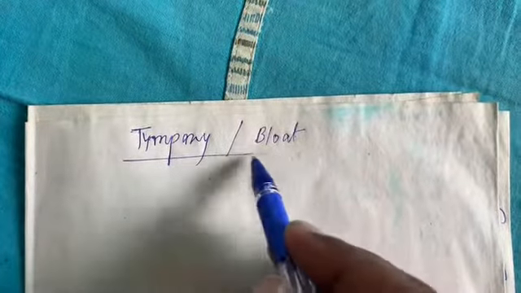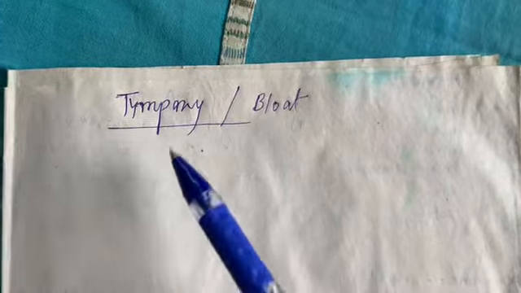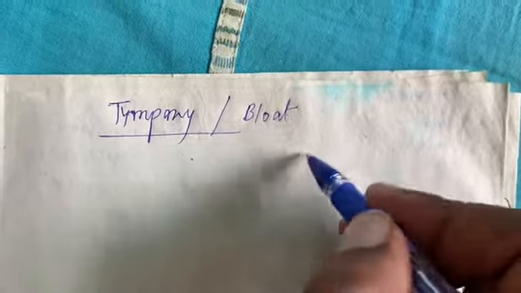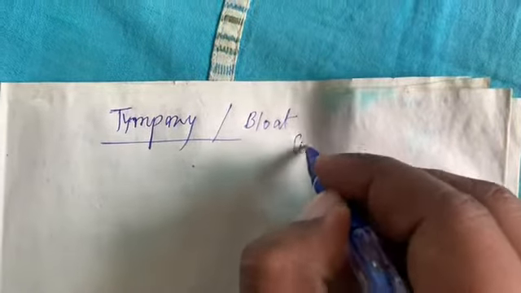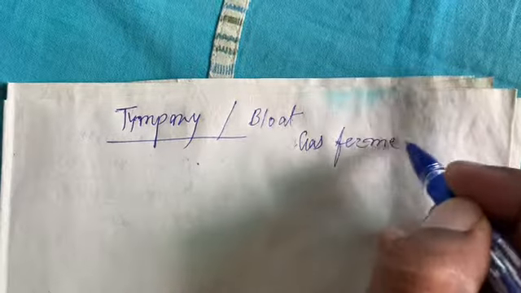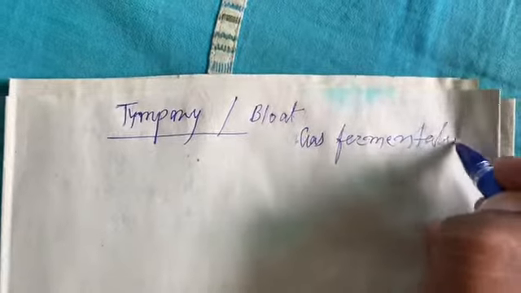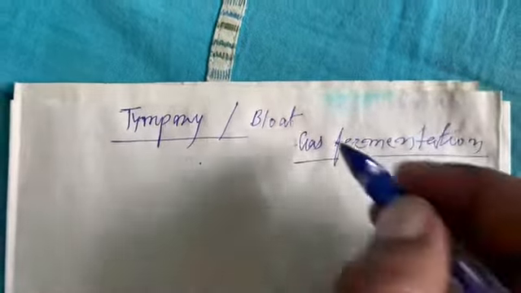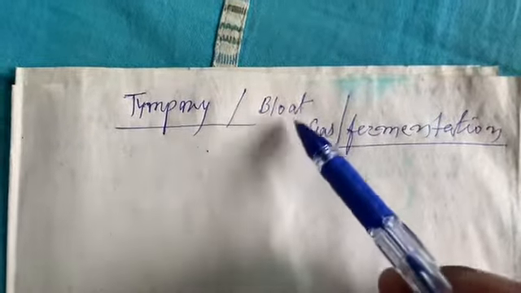This disease is generally characterized by the formation of gases in the rumen. It is a disease of ruminants in which the rumen and reticulum are over-distended with gases of fermentation. It means that the gases are formed due to fermentation in the ruminant animal, and therefore it is called tympany or the bloat.